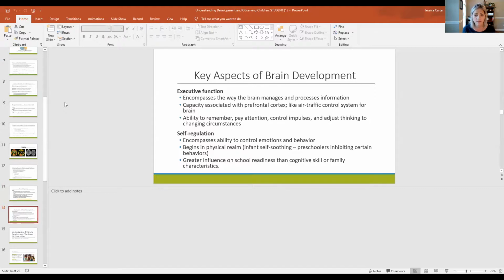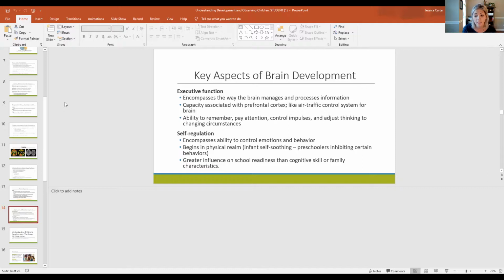Executive function includes the ability to remember, to pay attention, to control impulses, like when 4 and 5-year-olds start developing the ability to not reach out and hit another child, but to stop and use language, that's impulse control. And executive function helps us adjust our thinking as circumstances around us change.